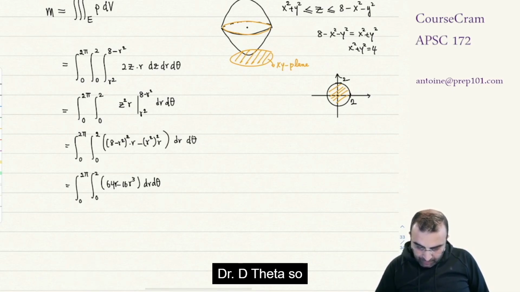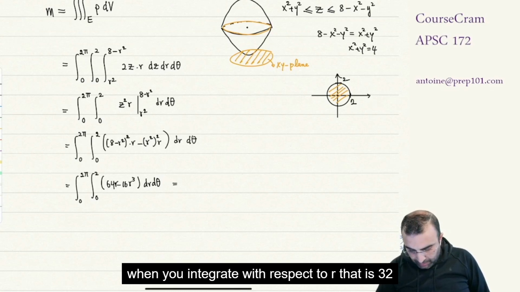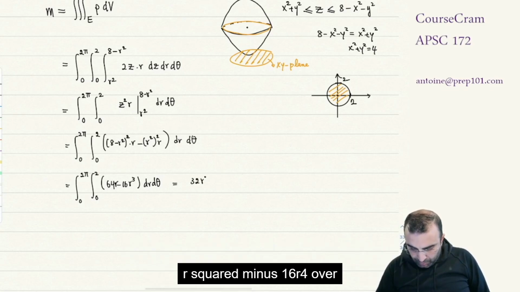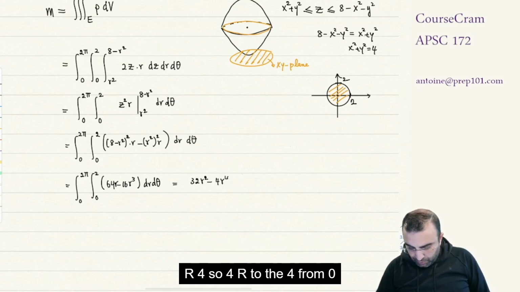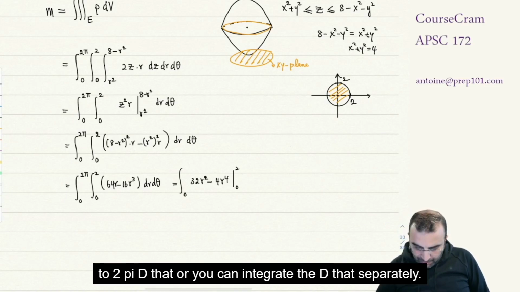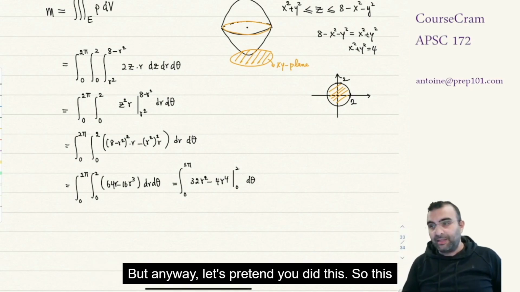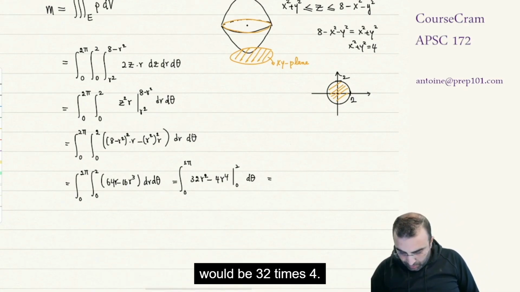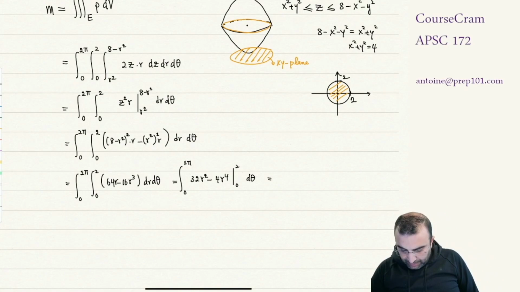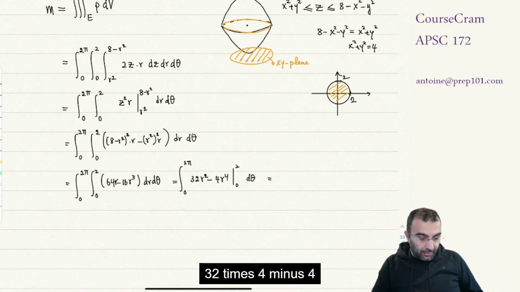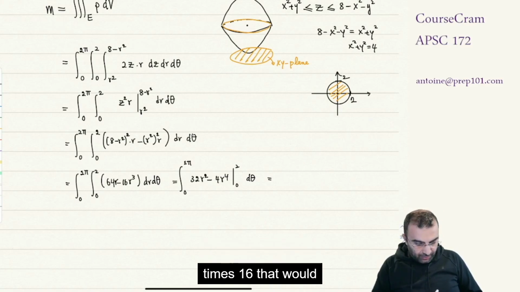So that would be this dr d theta. So when you integrate with respect to r, that is 32r squared minus 16 r to the 4 over 4, so 4r to the 4, from 0 to 2. You can keep the 0 to 2 pi d theta, or you can integrate the d theta separately. But anyway, let's pretend you did this. So this would be 32 times 4 minus 4 times 16.